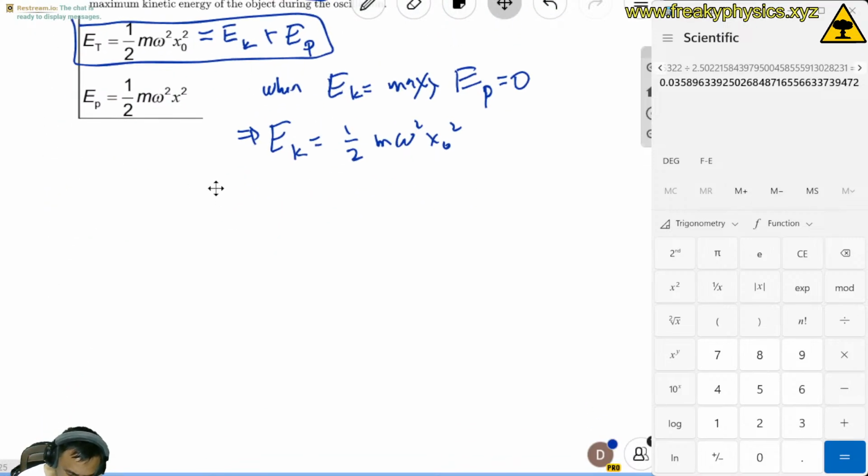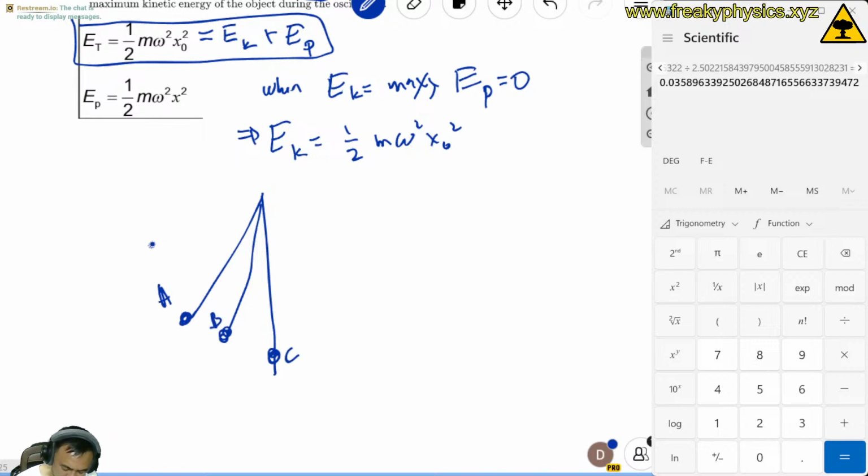However, I'm gonna give you an example here. Let's do this in terms of a simple pendulum, but I'm gonna mark 3 positions on the path. So position A, B, and C here. At A, it's all EP, all potential energy, right?